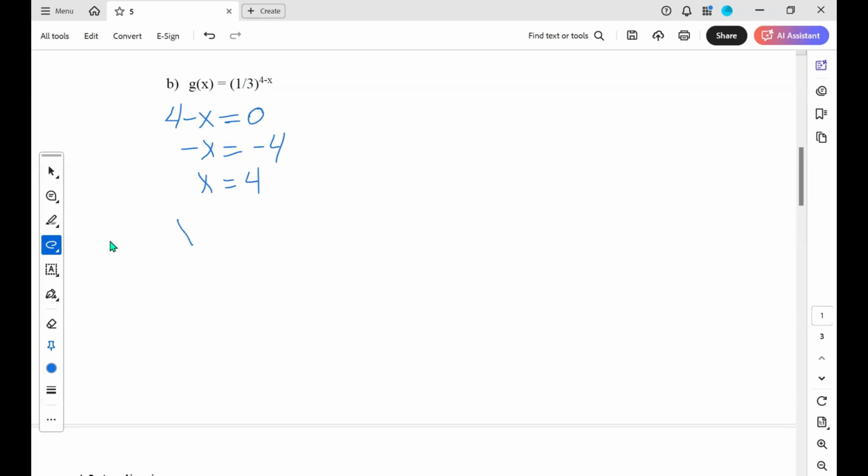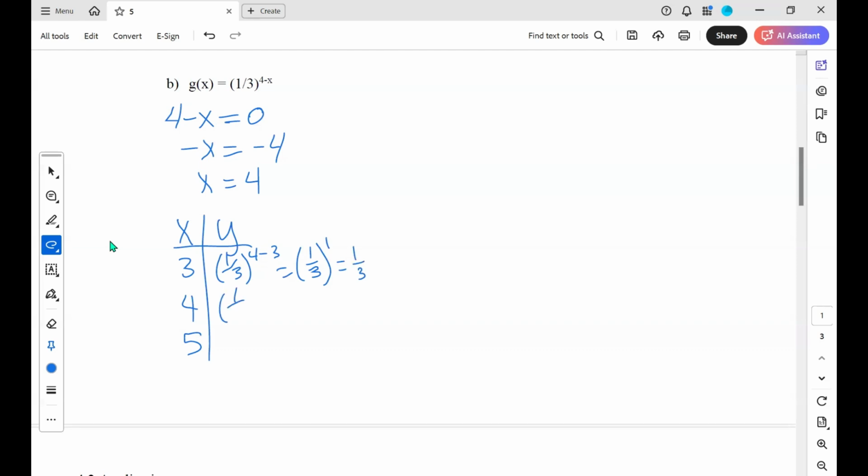All right, so now we go set up our table. We're going to put that 4 right in the center. We're going to pick a number below and a number above. So when we plug in, we're going to have 1/3 to the 4 minus 3. That's 1/3 to the first power, which is 1/3.